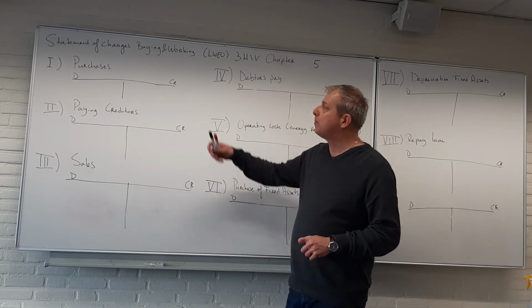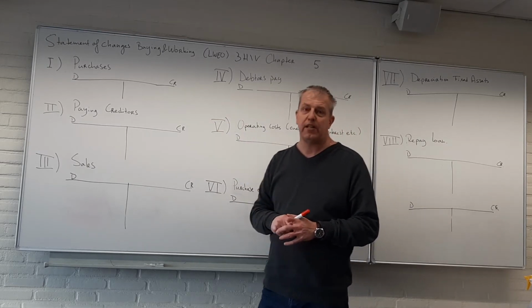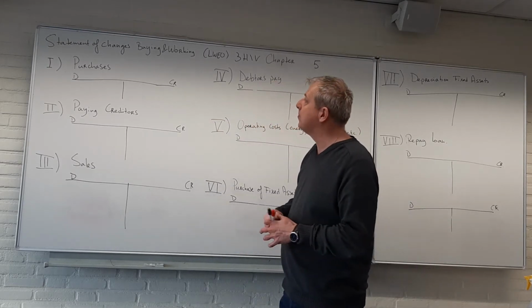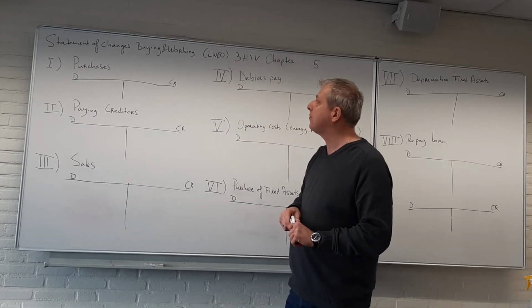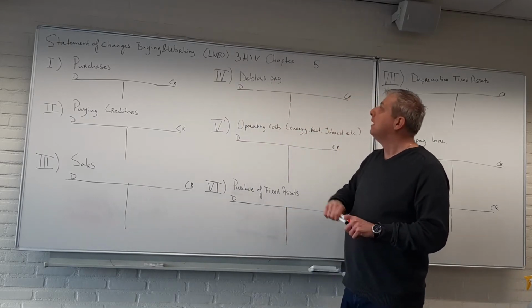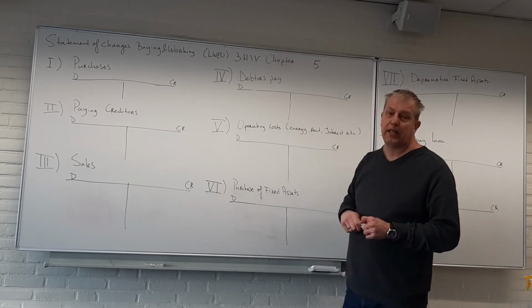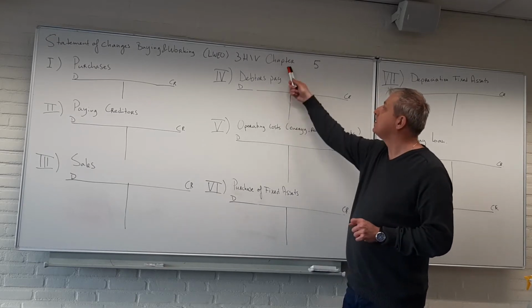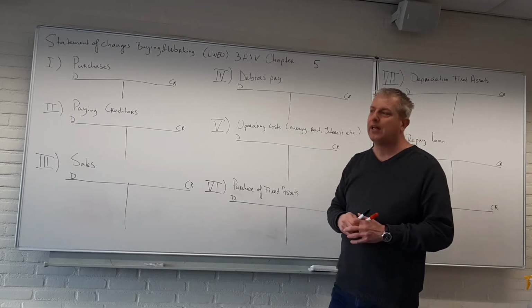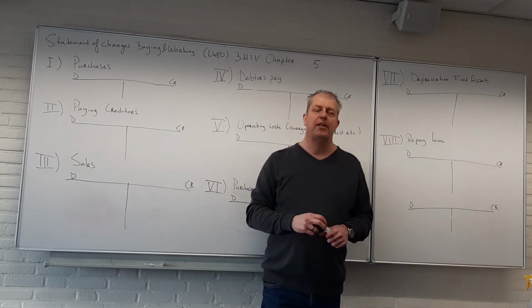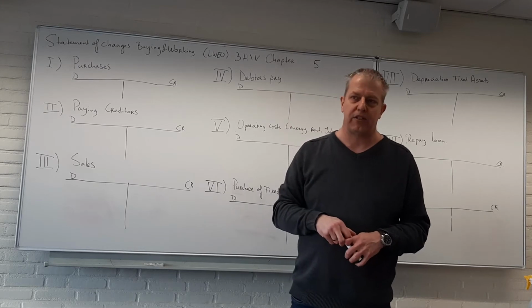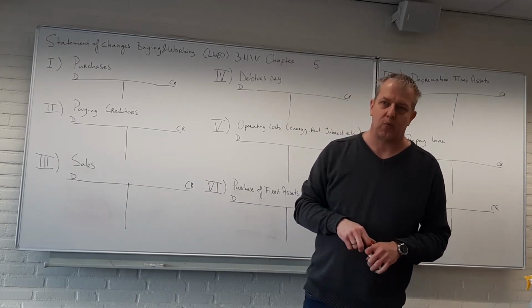Today I'm going to explain the statement of changes from the book Buying and Working from LWEO for suitable free-level bilingual pupils, and it is dealt with in chapter 5. In another video I told you about the balance sheet and what a balance sheet is and how it works.